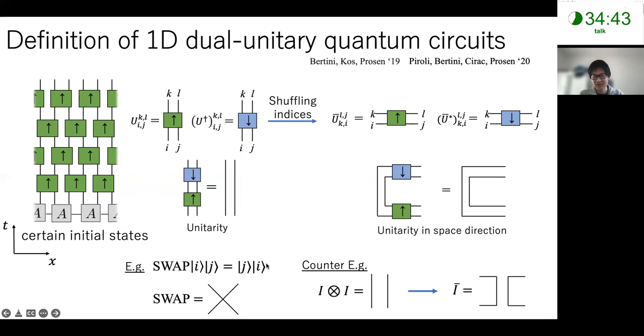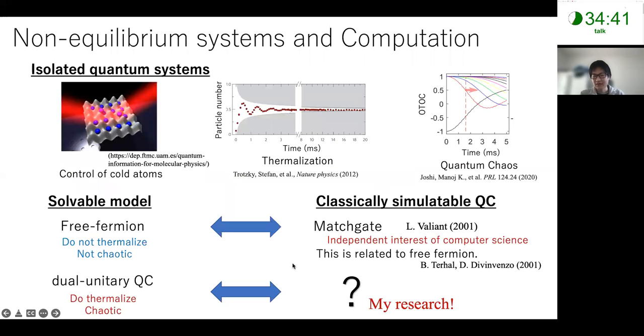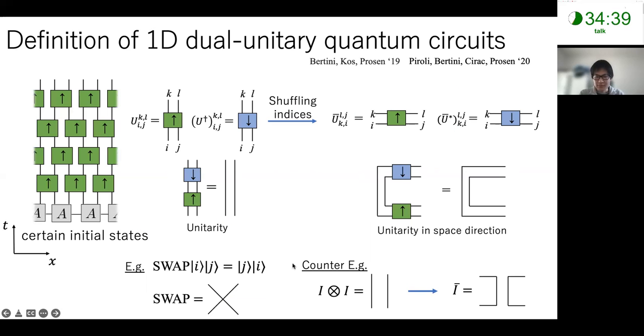So the swap gate is a dual-unitary gate. And a counterexample is the identity gate. If we see the identity gate from the lateral view, it is a projector, not a unitary. So identity is a counterexample.